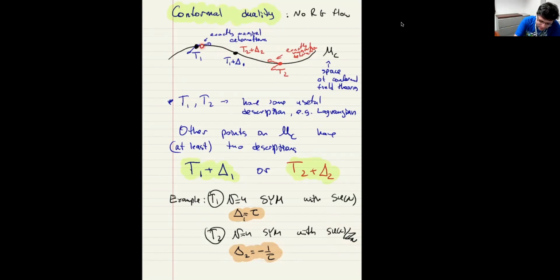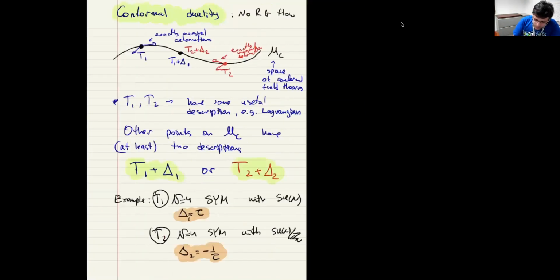So say if you are close to this point here, this tau is weakly coupled, but if you are using this description, the gauge coupling that you need to turn on starting from here will be strongly coupled. So this is the notion of conformal duality. Is this clear?